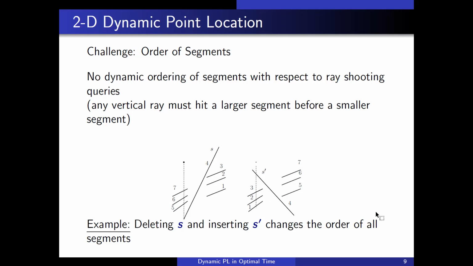So even a very small number of insertions and deletions can change the global order of segments in a very significant way. And this lack of a global order is what makes it difficult to apply some of the standard techniques. And this is what makes the problem itself so difficult.